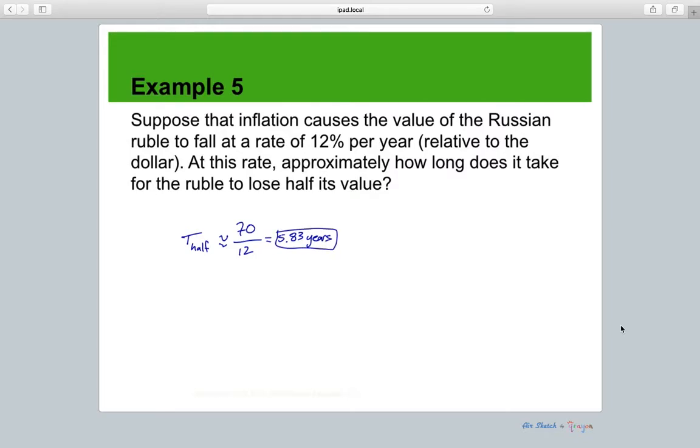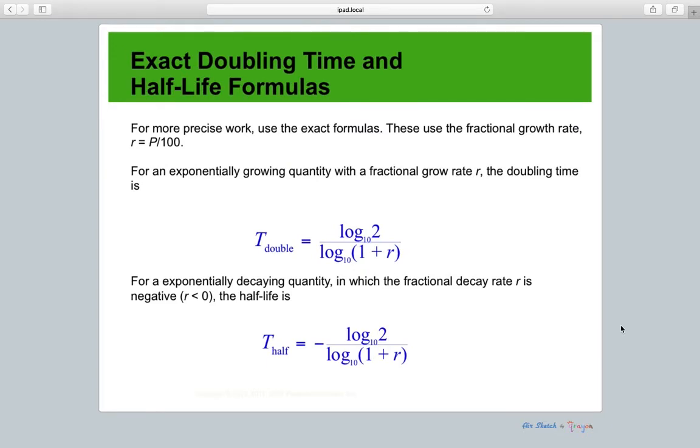All right. So there are actually precise formulas. They involve using logarithms. And again, you can just use your calculator for this. So for an exponentially growing quantity with a fractional growth rate r, the doubling time is this. So the only thing I want to point out here, r is a fractional growth rate, meaning decimal.